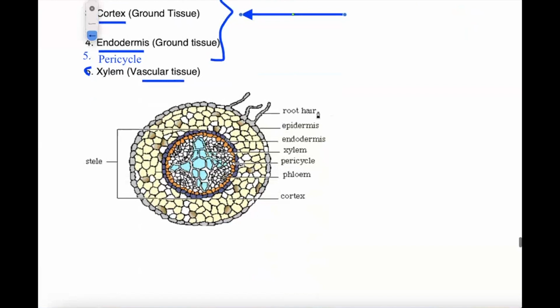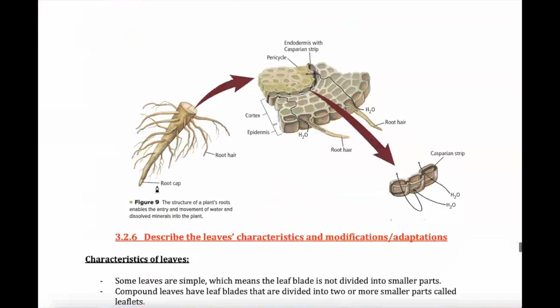The figure you can easily get over here. Look, root hair, then epidermis, then cortex, then endodermis, then pericycle, and then xylem inside. And this is again the same sequence that we just discussed.